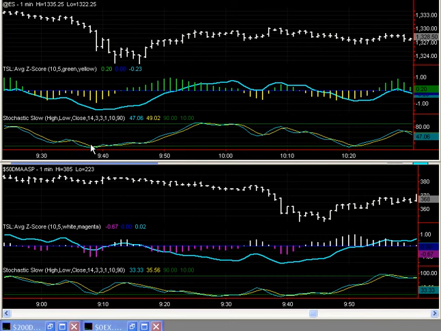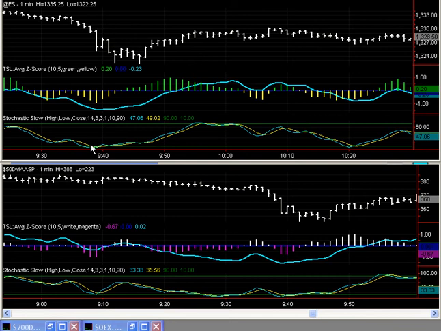Before we discuss that, however, keep in mind that there's several ways that you can read Z-score. Z-score is primarily a function of standard deviation. The further away from the zero line you are, the more likely there's going to be some kind of a change in market direction.